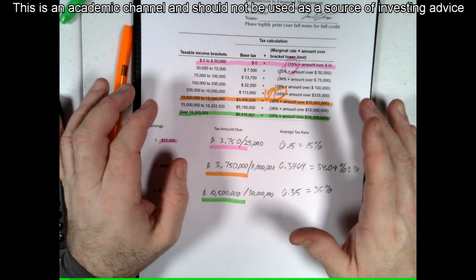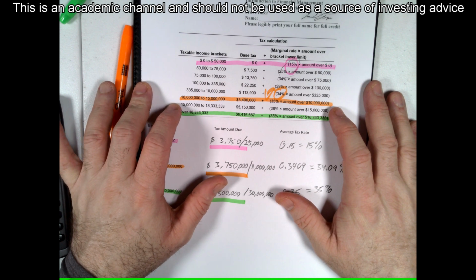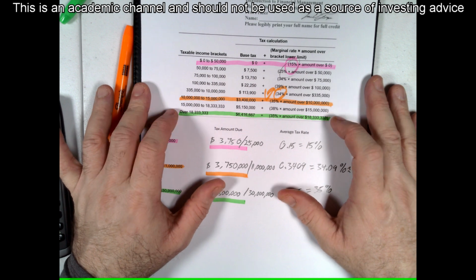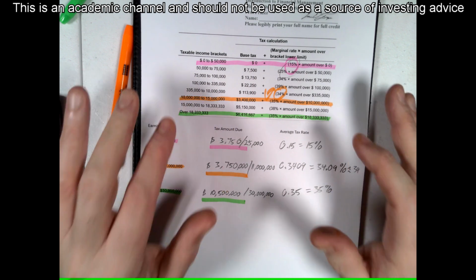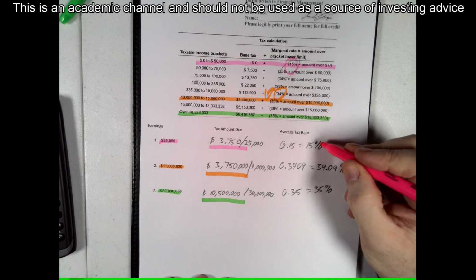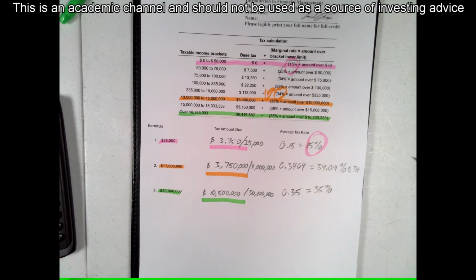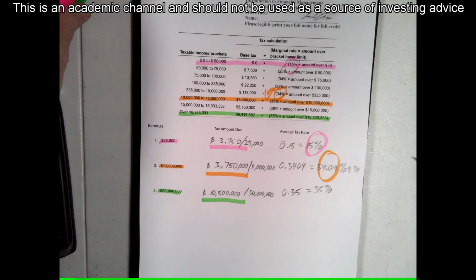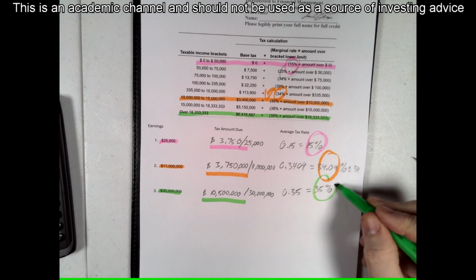We had to pay 38% for some of that, but the rest is really at 35. So there we go. We can kind of double check our work and find out our different tax rates, well, the amount due and our average tax rate, which is 15, 34, and 35.